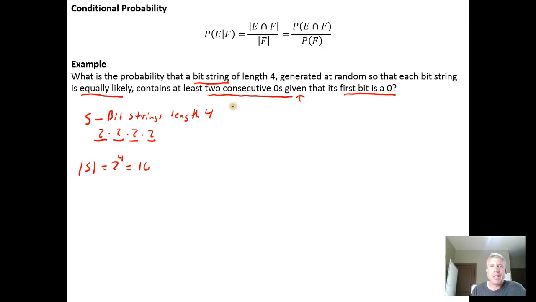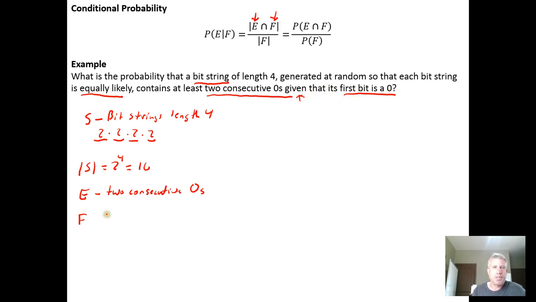The event E, in which we are interested, is that we get two consecutive zeros. The event F that has already happened is that we have a 0 in the first bit.